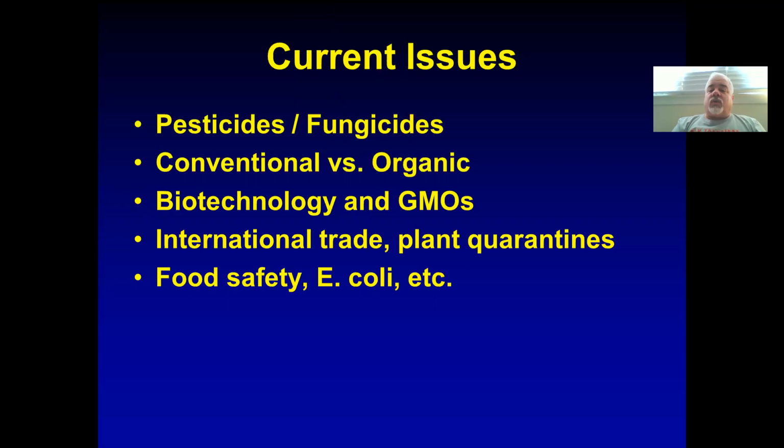And so there's a constant rotation and issues of trying to see what's being phased out or eliminated, and what are new things on the horizon that we might use. Conventional versus organic, I think they feed off of each other very well. Organic is pushing the industry in certain ways that are important, but it certainly doesn't have all the answers.